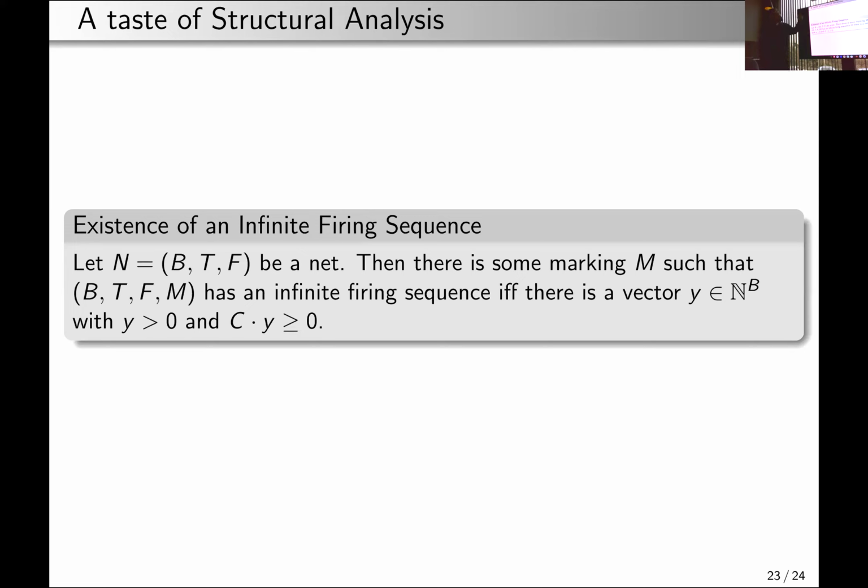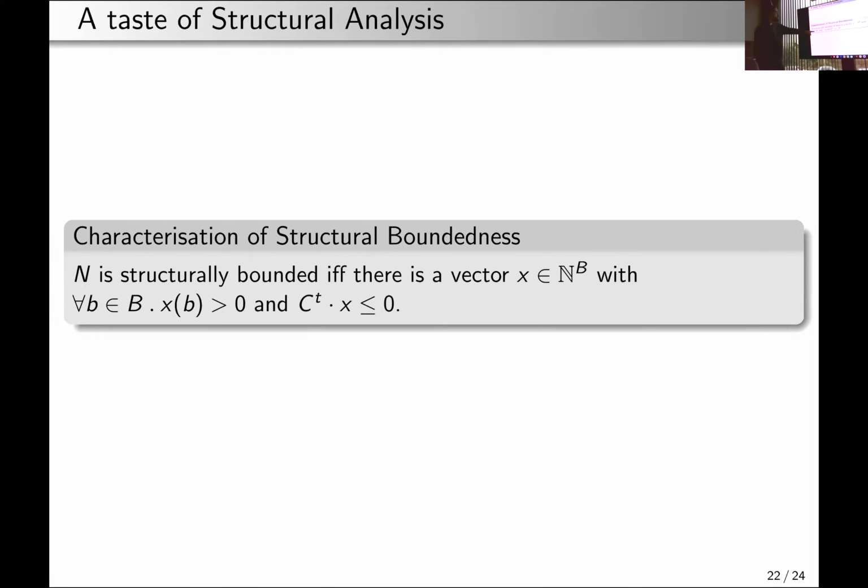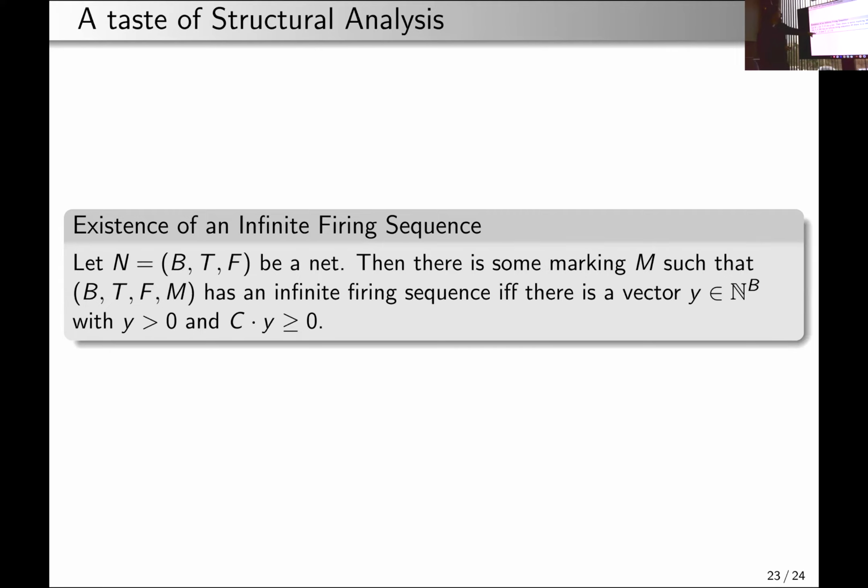I'm requiring that at least one transition fires, okay? So y greater than 0 is not saying that for every coordinate the vector is positive. Here, it's weaker. Here, I require at least one coordinate to be positive, and no coordinate to be negative, of course.